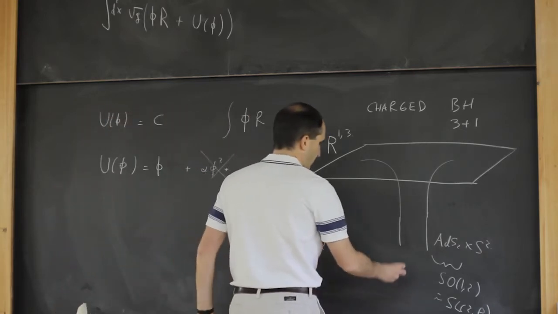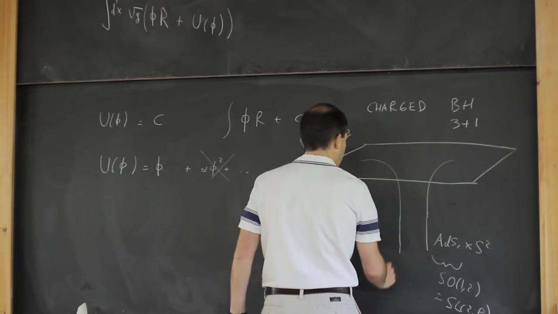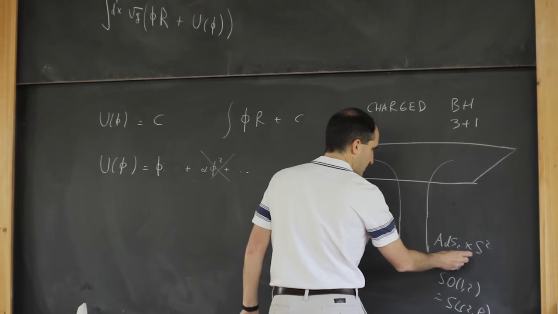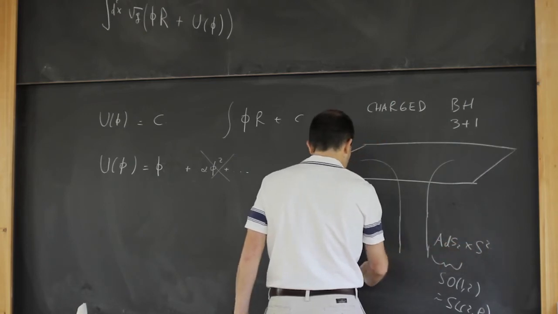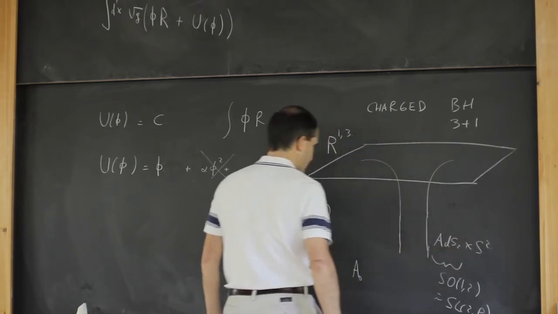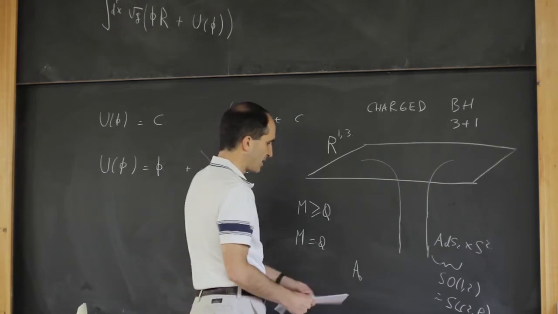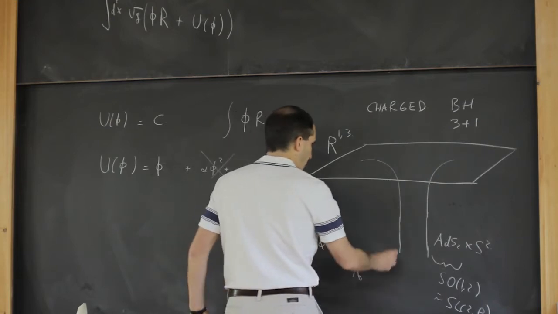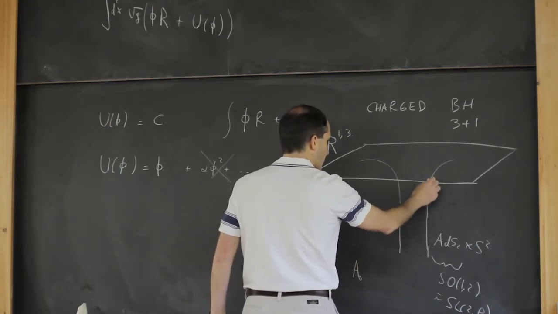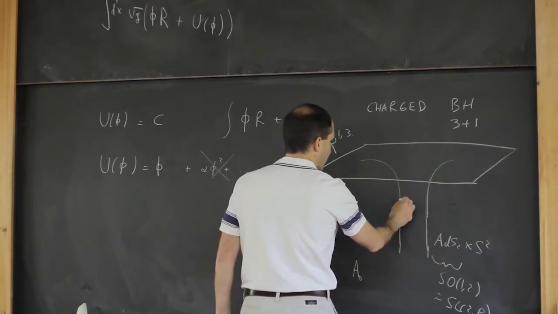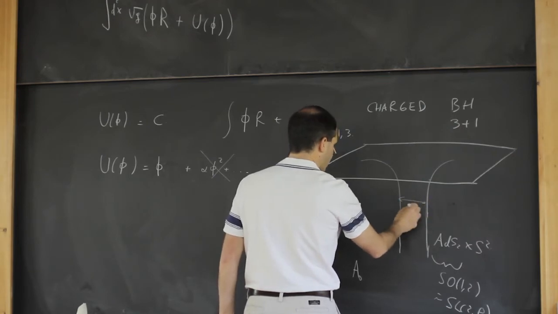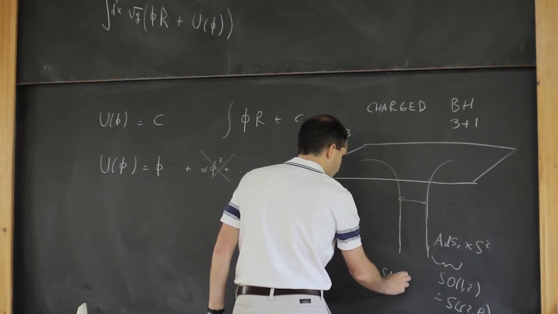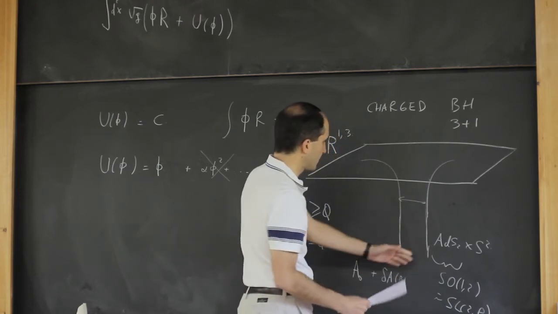Now, in this case, when you go deep into this extremal case, the area of this S2 is some value. Let me call it A0. That's the extremal area, and that determines the entropy of the extremal black hole. As you connect into this other region, the area starts deforming away from the extremal area. So we have some delta of area, which depends on R and so on, of the radial direction.